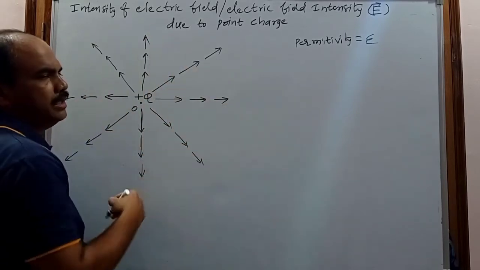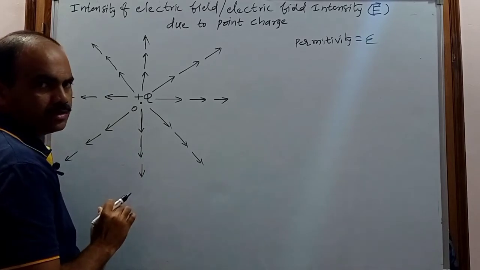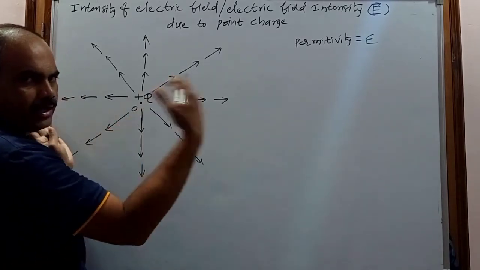If we observe the electric field created by this positive charge, the lines of force are radially outward.